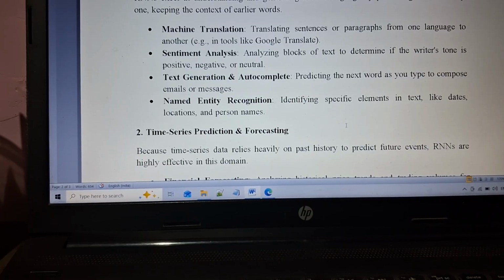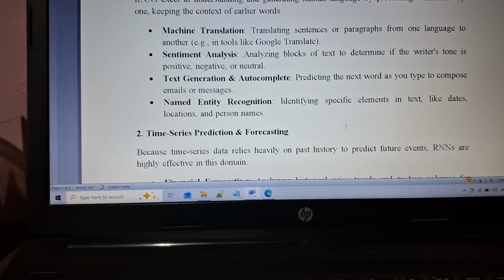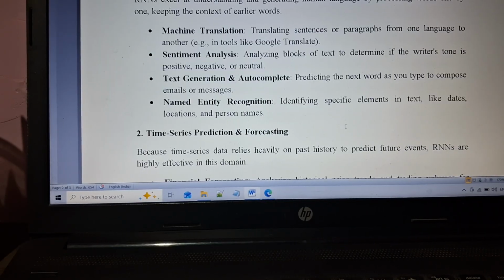Predicting a word, if you write one sentence, then predicting another sentence, as you can imagine in the mind what you are writing in the email. Named entity recognition, identify specific elements in text like dates, locations, person names.